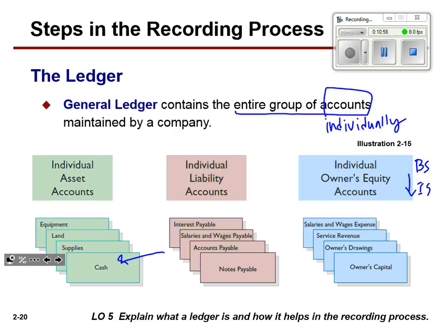We post or move those numbers to where they individually made sense. So like on that compound entry example, we used a little bit of cash, we gained equipment, and AP went up. And then the next time, if we use a little bit more cash and did a little bit more, this is like a snapshot of each account and what's happening and plussing and minusing, instead of having to wade through that big long journal to figure it all out.